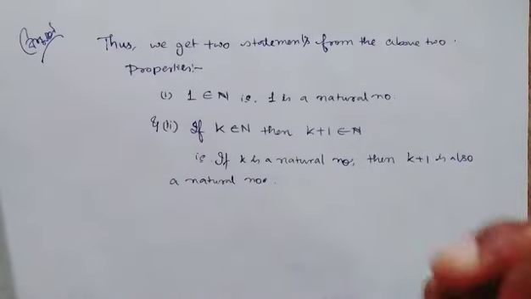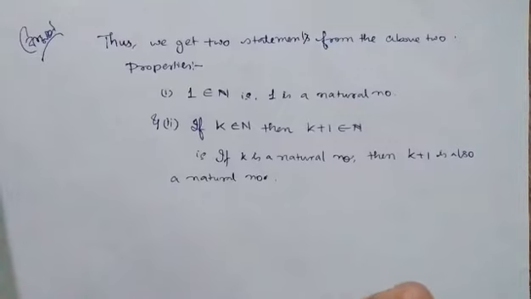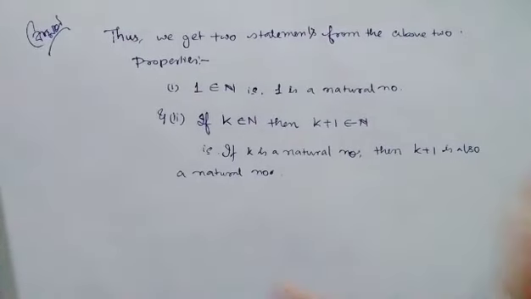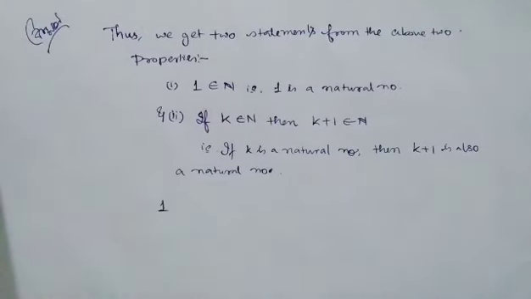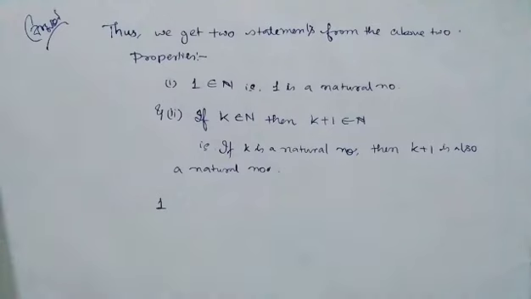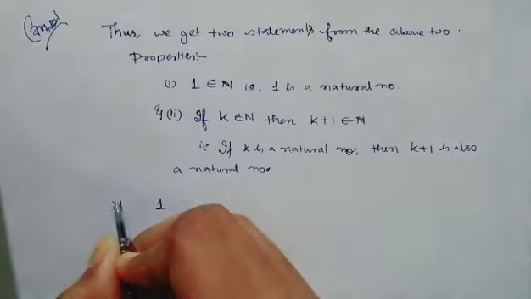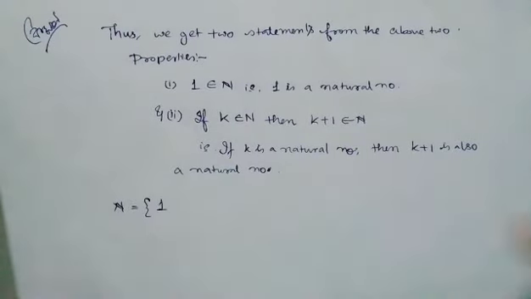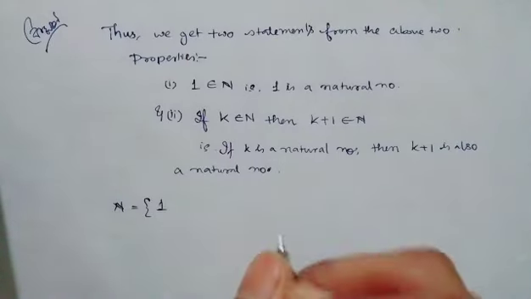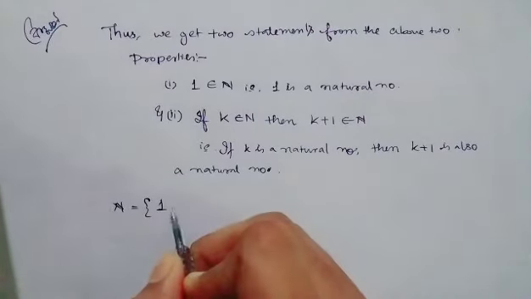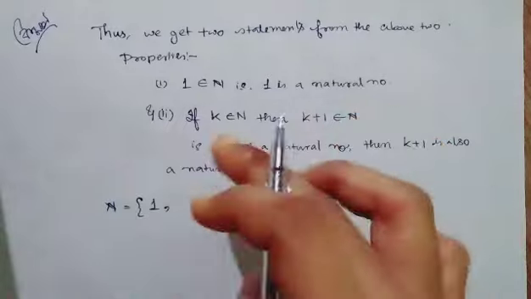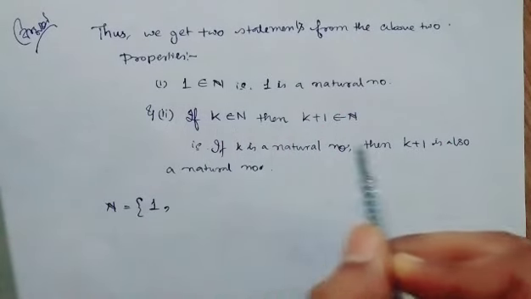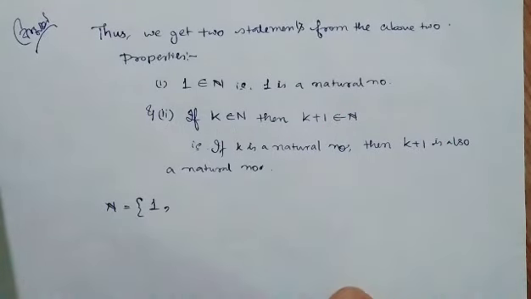So now, to get more essence of these two properties, let's obtain the set of natural numbers using them. We know 1 is the least natural number and it belongs to the set, so we write 1 first in the set. Second, if k is a natural number, then k plus 1 will also be a natural number.